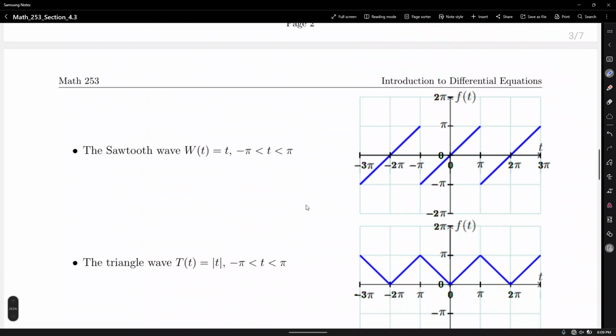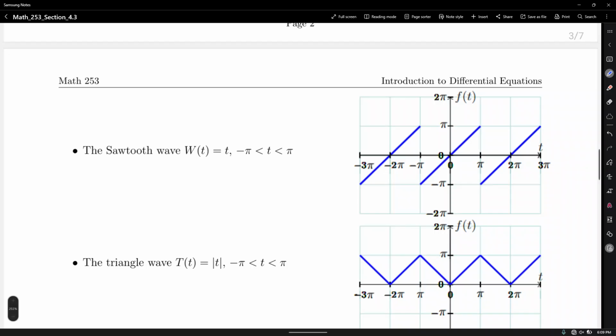All right, what about another very common graph, the sawtooth wave, W of t, which is the diagonal line t between -pi and pi, and then it repeats and repeats. It increases with positive slope, reaches a maximum value of pi, then boom, goes down to -pi, increases, and so on and so forth.